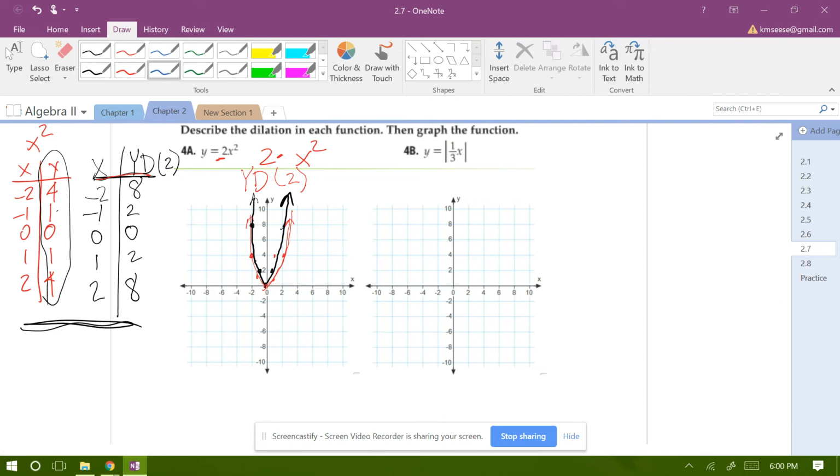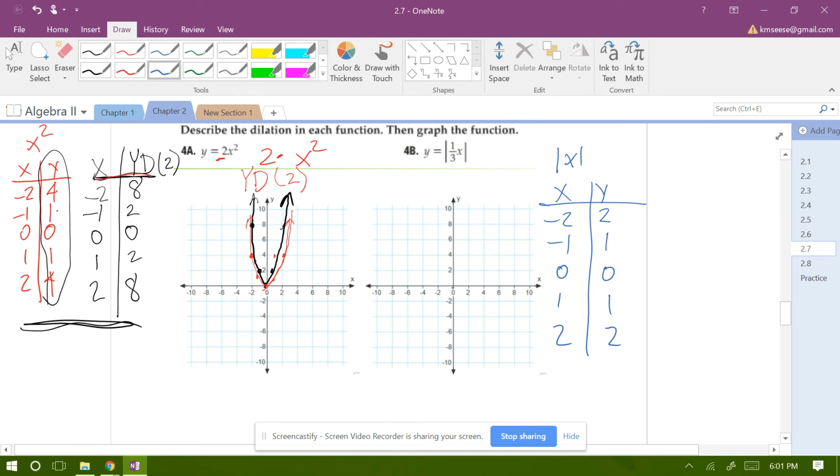For B, my parent function is my absolute value function. My y values are then going to be 2, 1, 0, 1, 2. My parent function should look like this. Now, this 1/3 is inside the math, so it's going to be an x dilation. And as I talked about in that earlier video, x's live in opposite.